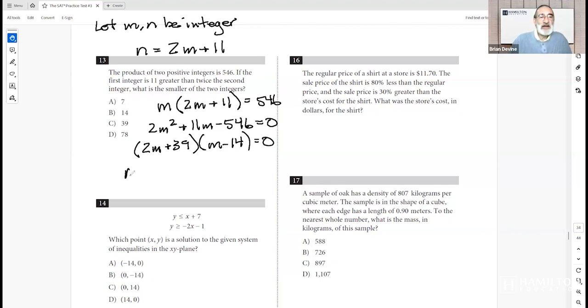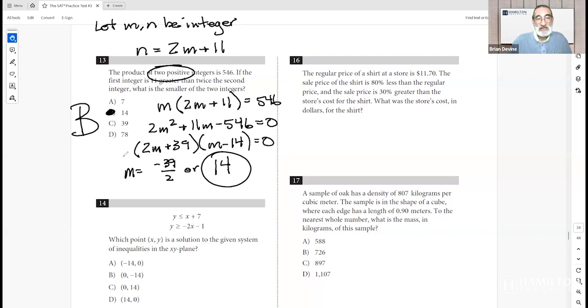And so m, by the zero product property, would have to be negative 39 over 2, or it would have to be 14. And they said that the integers were positive, and negative 39 over 2 isn't even an integer. So our answer must be 14. And since 14 appears, I'm going to choose 14. And I got it right. I hope you did too.